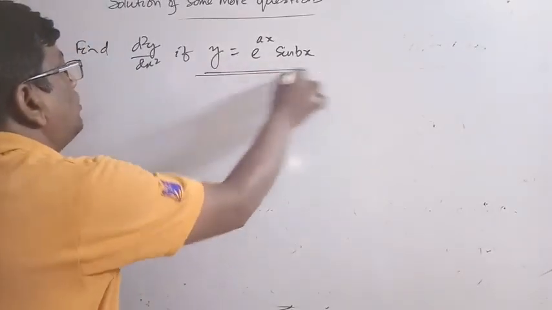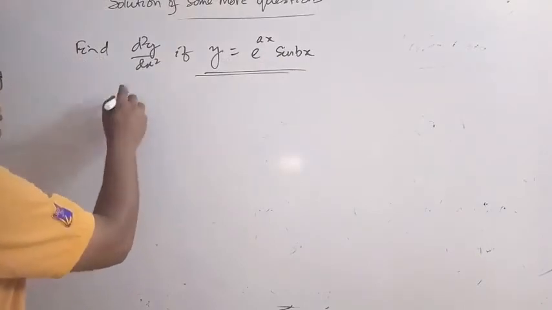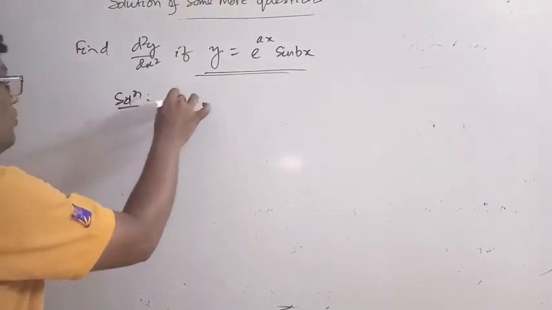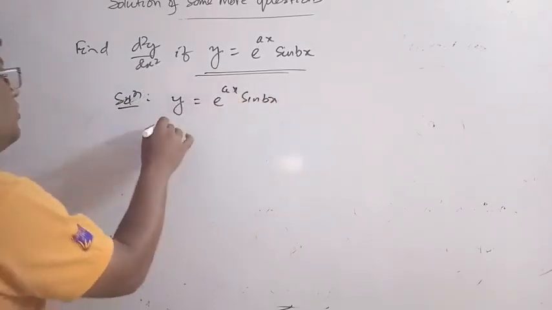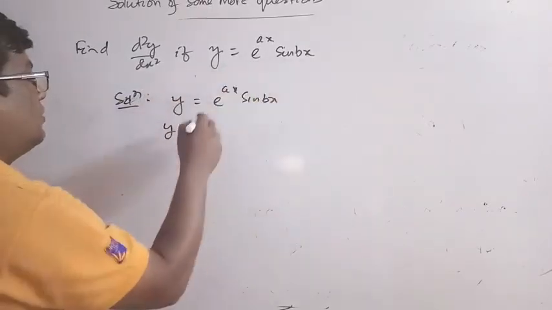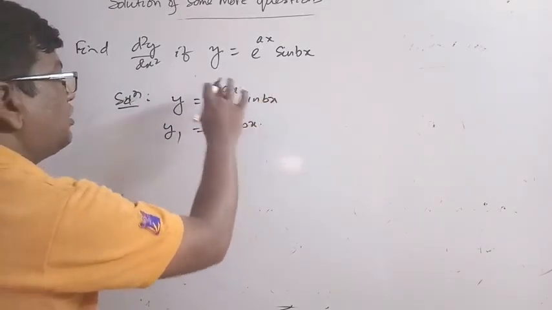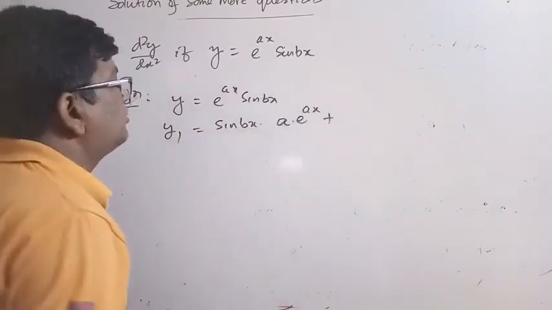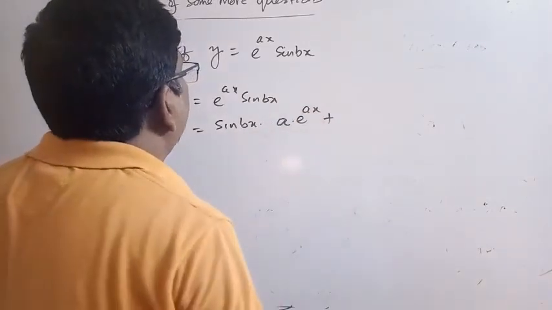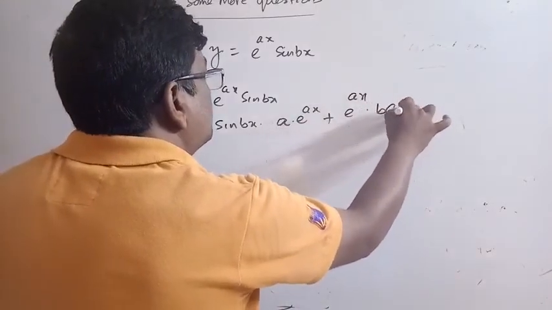y equal to e to the x sin bx. Find it. So y is equal to, solution. y is equal to what? e to the x sin bx. So y1 is equal to what? Using v du plus u dv: sin bx into e to the x, derivative of e to the x, plus u dv: e to the x into b cos bx.